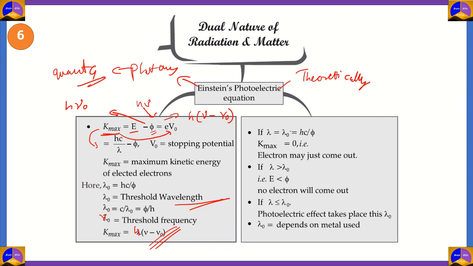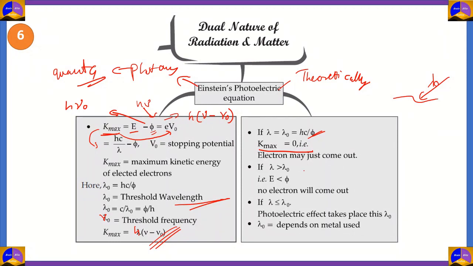Now if the wavelength that is supplied to the surface is lambda naught, that means it's just equal to the threshold wavelength, and the frequency is just equal to the threshold frequency, then accordingly we can say that the maximum kinetic energy of an electron is 0.